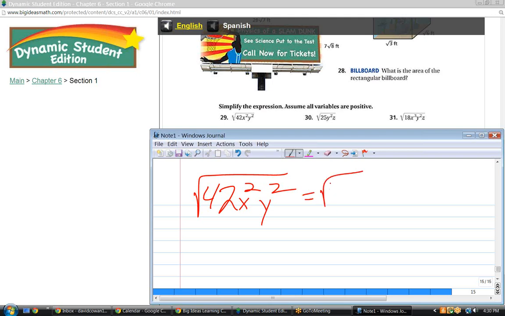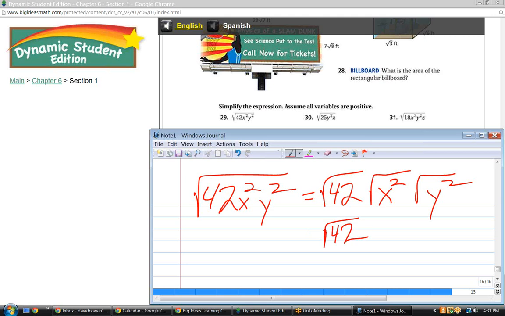In other words, the first step I can do automatically is this. Oh, okay. So the square root of 42 is not divisible by 16, not 36. Obviously nothing higher than 36. That means that's our answer.